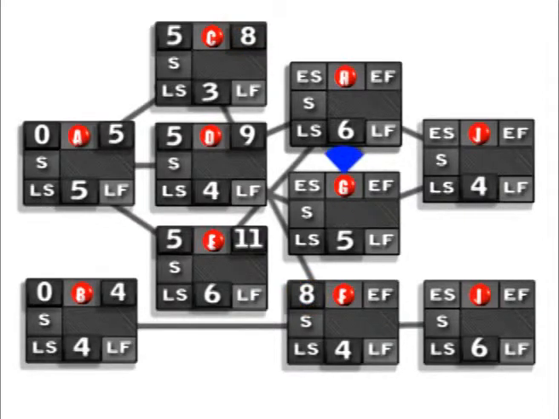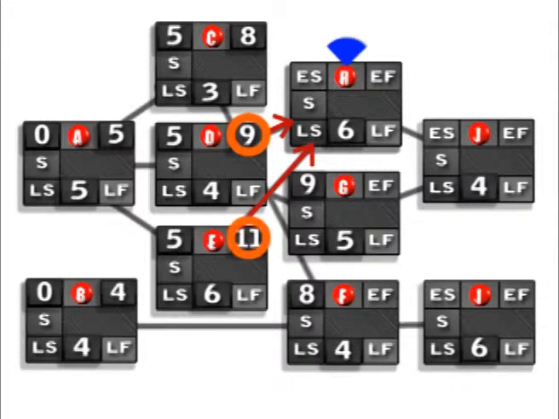For activity G, we only have one predecessor, which is D, so we don't have to make any choice. So for activity G, we're going to have 9 as our early start. For activity H, we have activity D and activity E that feed into H. So we have to look at those early finish times and determine which one is going to be our early start for activity H. Activity D has an early finish of 9 and activity E has an early finish of 11.